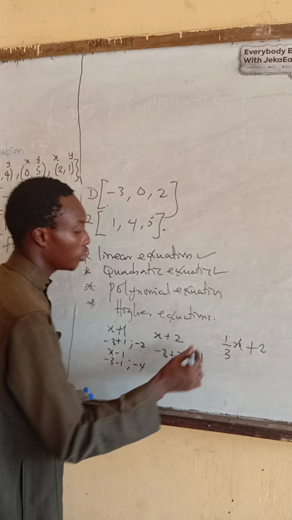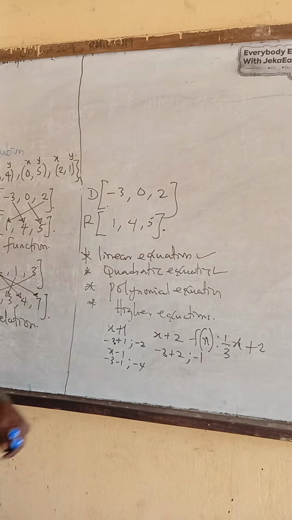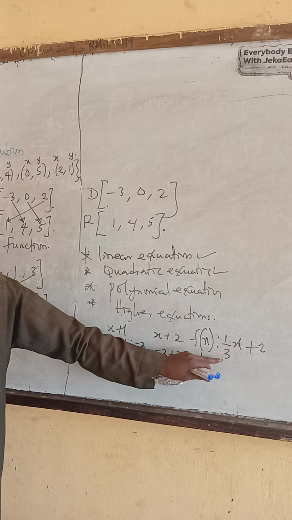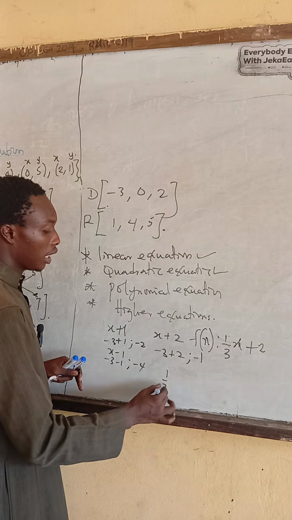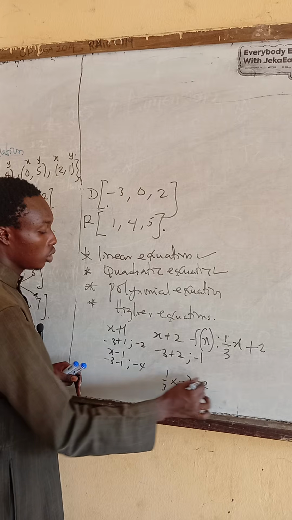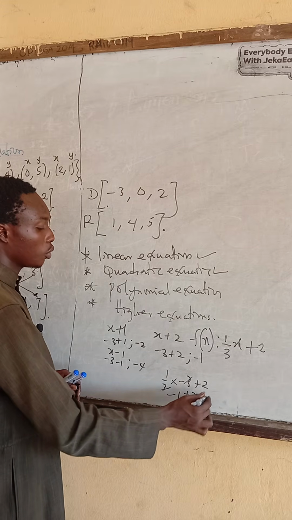So let's say function of x is defined by 1 over 3 x plus 2. Look at this. This is 1 over 3, right? So we say 1 over 3 times minus 3 plus 2. You cancel this, you have minus 1 plus 2. Minus 1 plus 2 is what? 1.